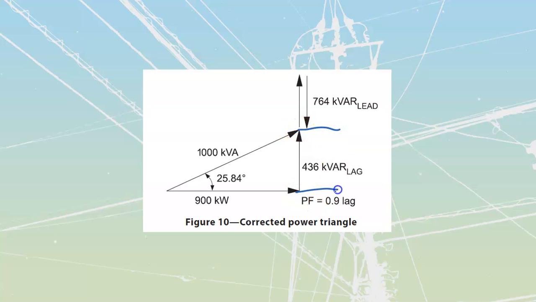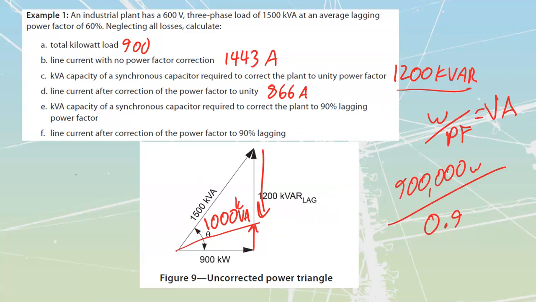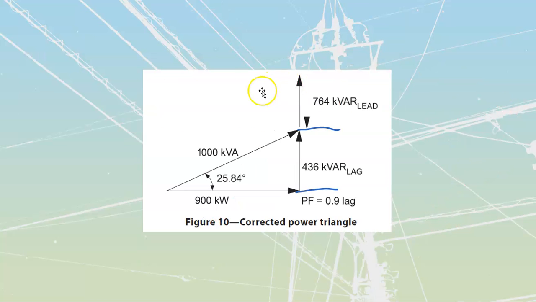So if I'm going to leave 436 kVars in the system, and I originally had this value over here, which was that 1,200 kVars, right? We saw this 1,200 up top here. I need to take away a certain amount of kVars in order to get to the 436.